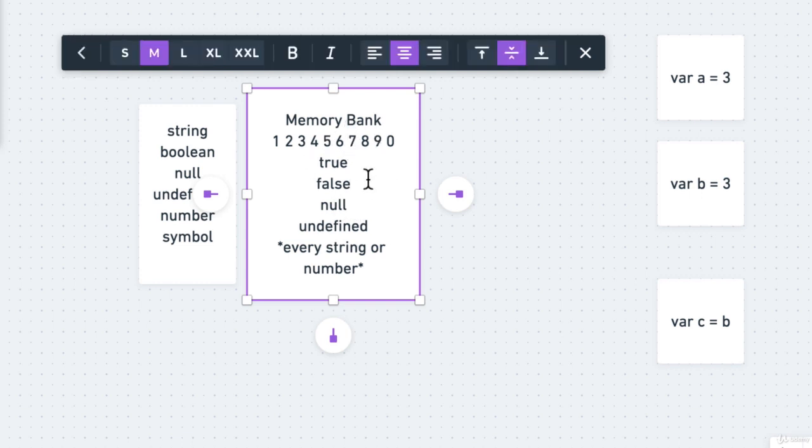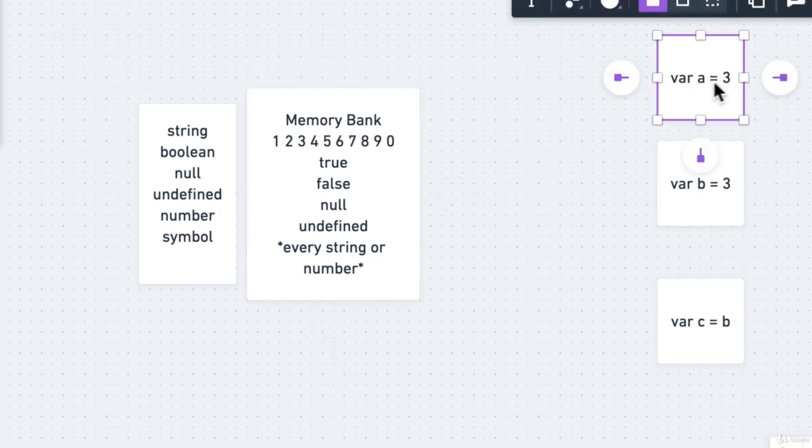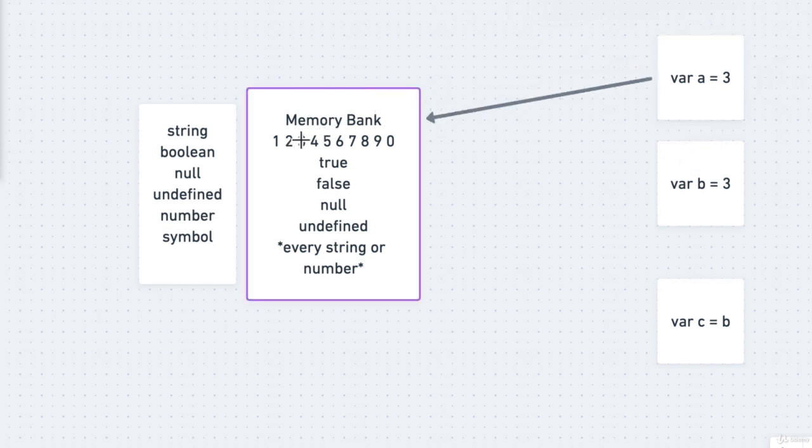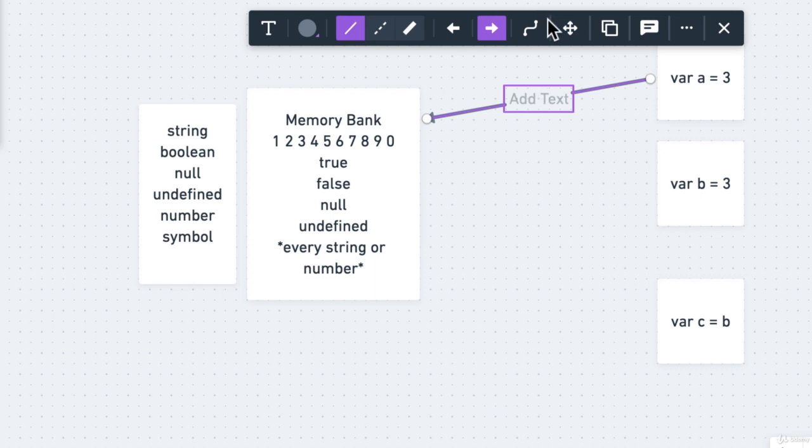Now, when we set a constant or a variable equal to a primitive type, like say the number 3, what JavaScript is doing is it's creating this new variable that we want called a, and it's pointing its value to the number 3 in its memory. So it's actually pointing to 3 in memory.